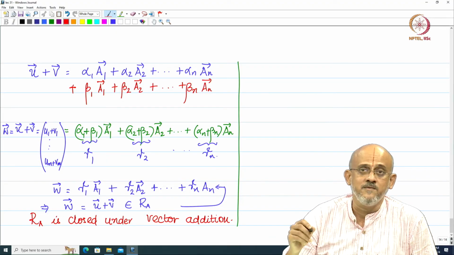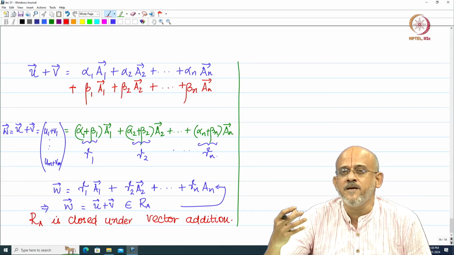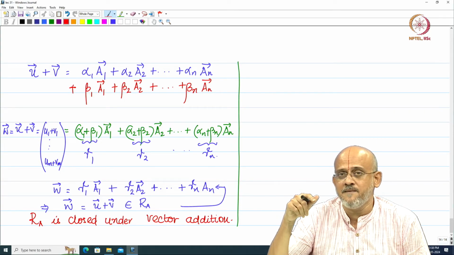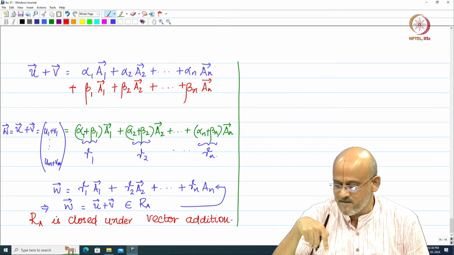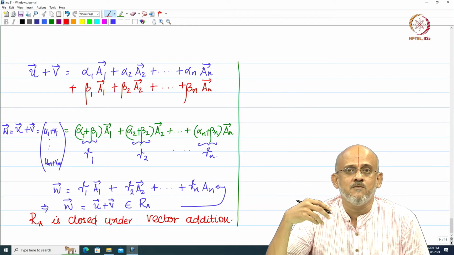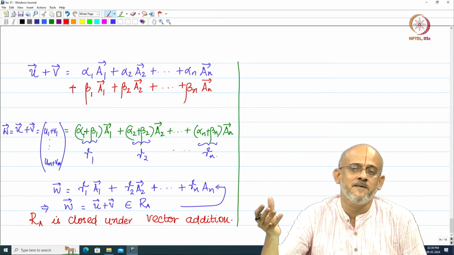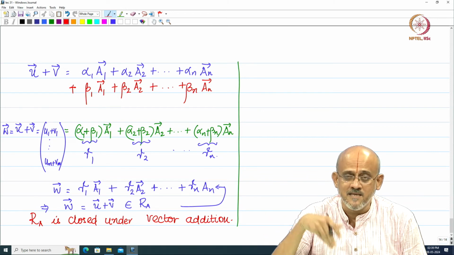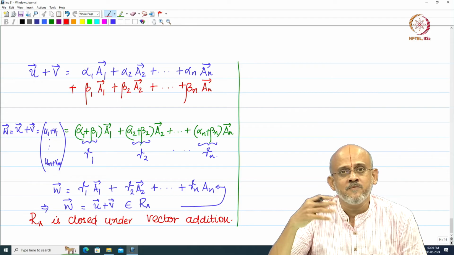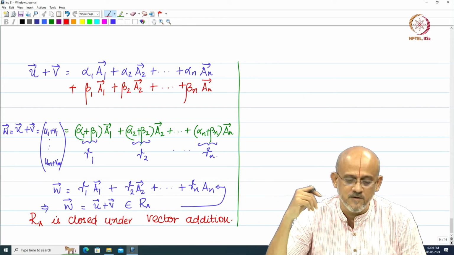Now, what are we going to do? This actually makes us a bit curious, because the set is non-empty and the set is closed under vector addition. Now, what we do is, let us check whether this set is going to be closed under scalar multiplication. If all these three happen, then the set R A qualifies to be a subspace of R M. So, that is what we are going to look at.